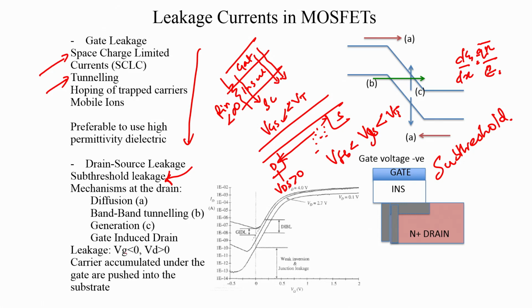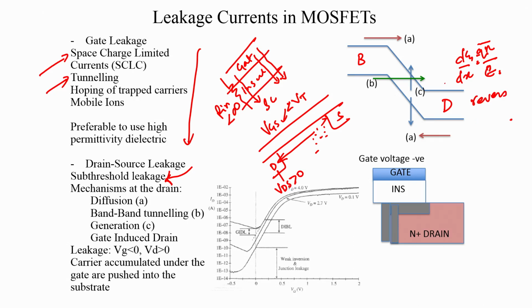Now, apart from that, let us take a look at the drain bulk interface. Okay. So, you have the drain, you have the body of the semiconductor, okay, and you have this p-n junction which has got a band bending of this sort. And this p-n junction is reverse biased, okay, and near the source side it is not, depending on the body to source potential.